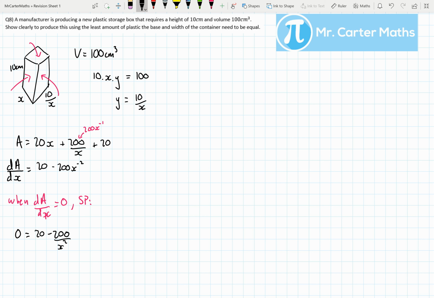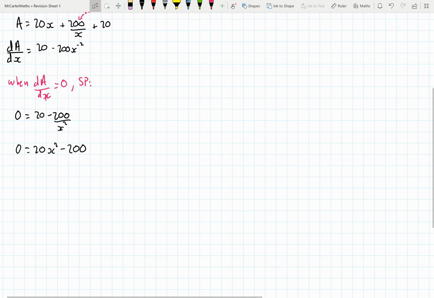Well, timesing through by x squared, I get 0 equals 20x squared minus 200. Divide by 20, 0 equals x squared minus 10.